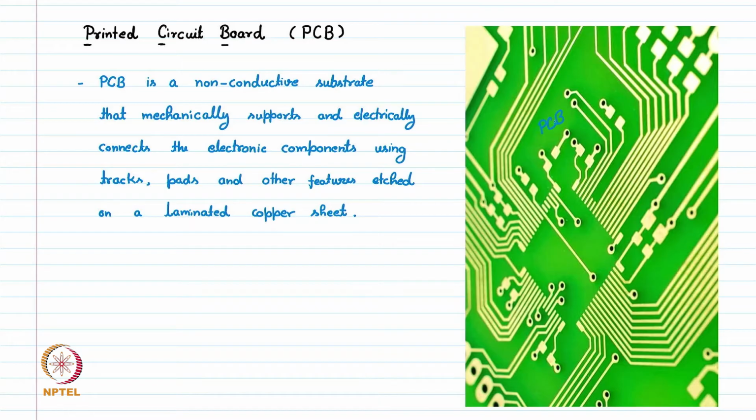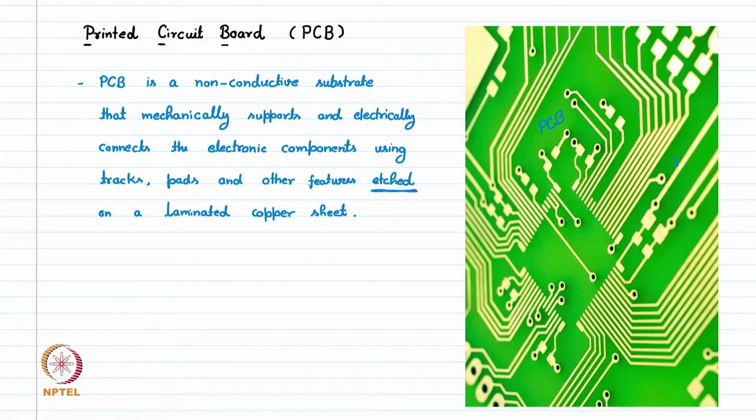However, this green film is actually coated with copper on one side or both sides, depending on our circuit, and that copper sheet we specifically etch. This etching is very selective. We etch in such a way that copper remains only at particular places, which are traces or pads.